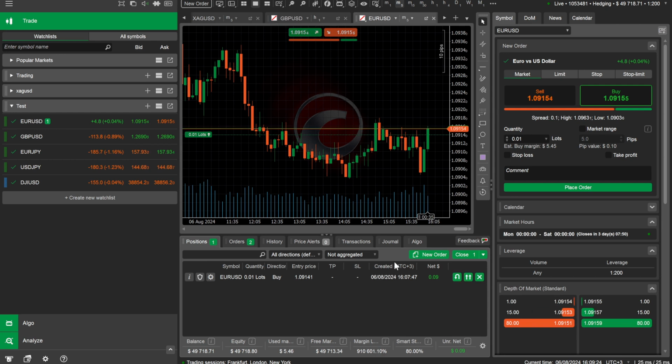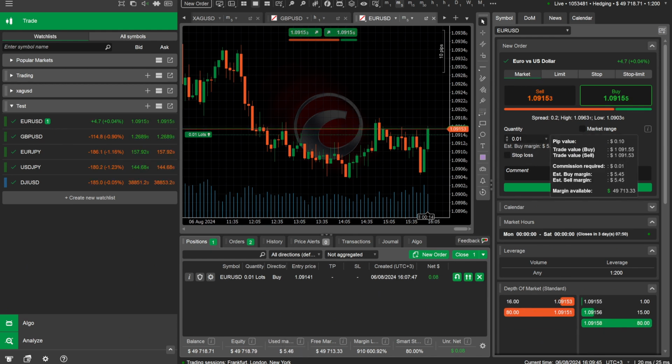Used margin is extremely important for you to know if you have enough margin to open new positions. Let's say you have $500 here. And let's say you opened a position. I opened a position at 0.01, you see?